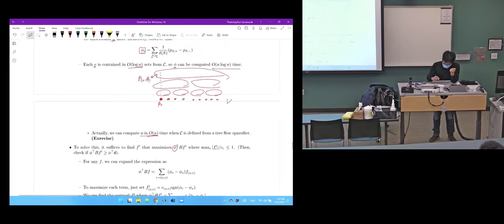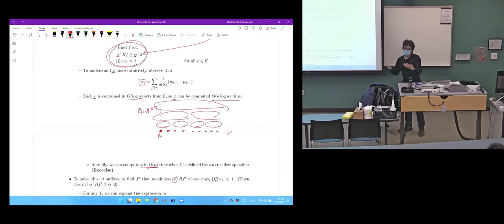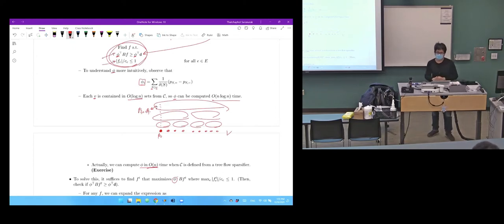How do you solve this thing? It just has two inequalities, this one and this one. I claim that it suffices to find the flow that maximizes this term, as long as the easy constraint is satisfied.